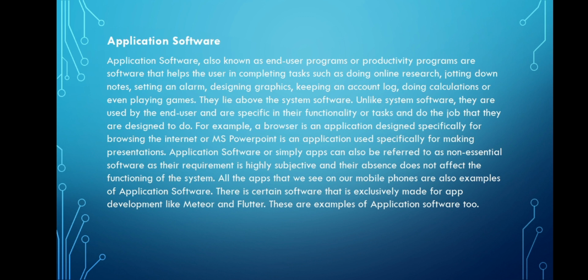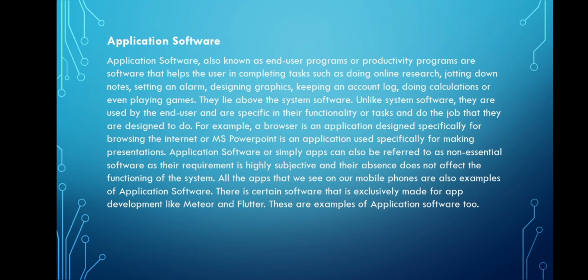Application software. Application software, also known as end-user programs or productivity programs, is software that helps the user in completing tasks such as doing online research, jotting down notes, setting an alarm, designing graphics, keeping an account log, doing calculations, or even playing games.